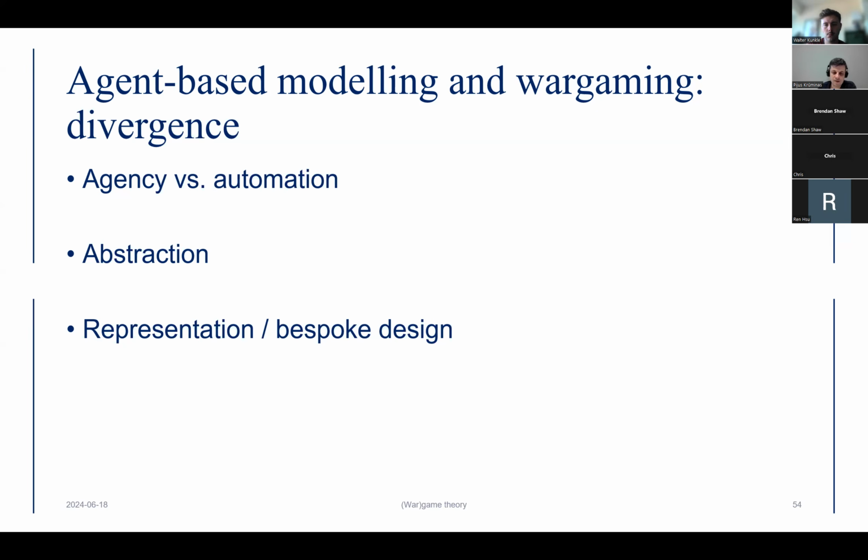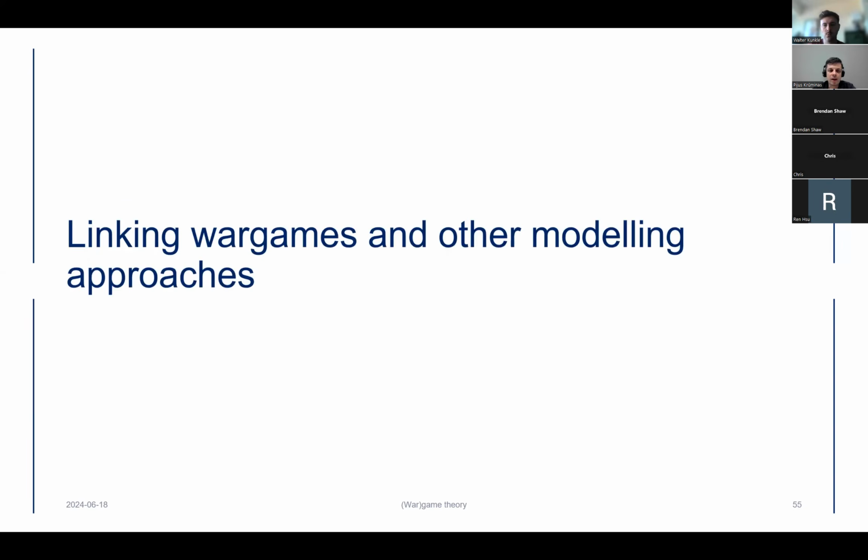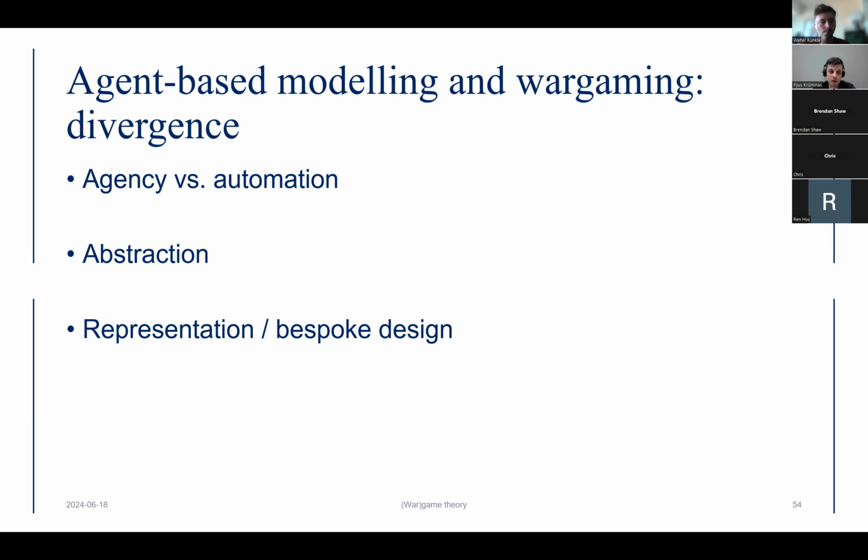If we come back to the five elements of wargaming that Dr. Banks mentioned, it's definitely not at the level of representativeness that wargames are. And also you would have a difference in terms of bespoke design in wargaming, having something particular in mind, and more generic design in most, or at least many, of the agent-based models.